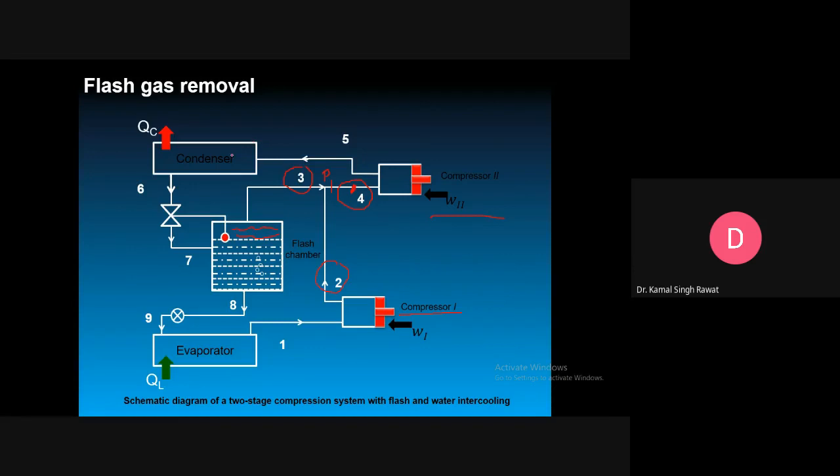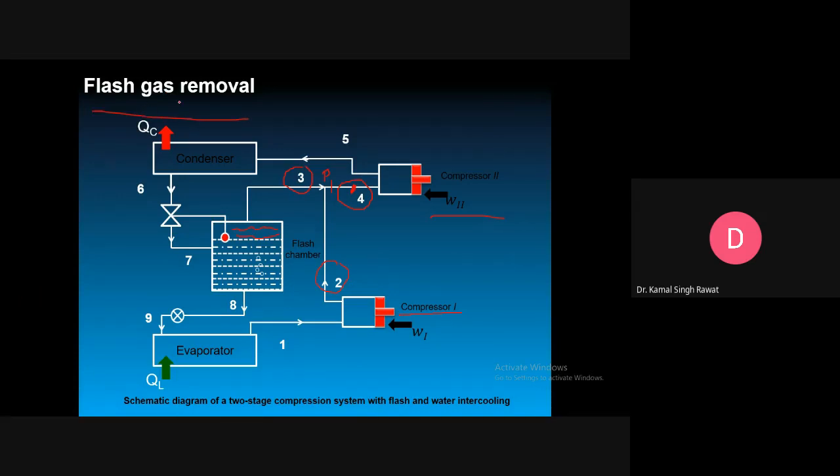Then the superheated vapor enters the condenser, where it rejects heat to the surroundings, and the superheated vapor condenses and becomes saturated liquid. This saturated liquid again enters the flash chamber through an expansion valve. So this is the working of this multi-stage system with flash gas removal.